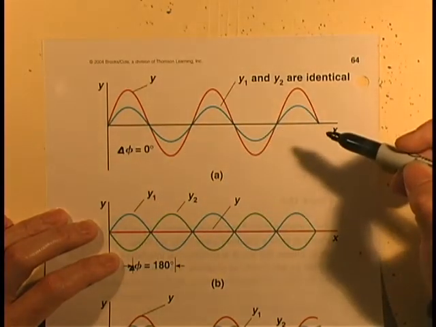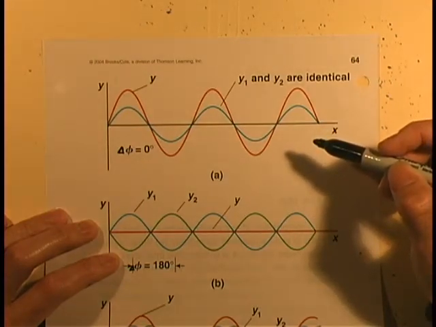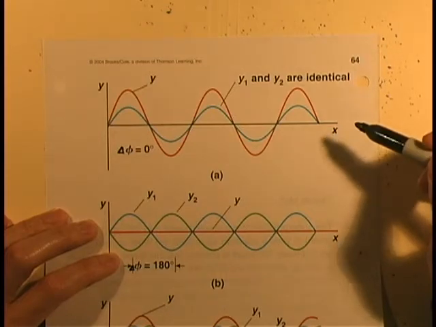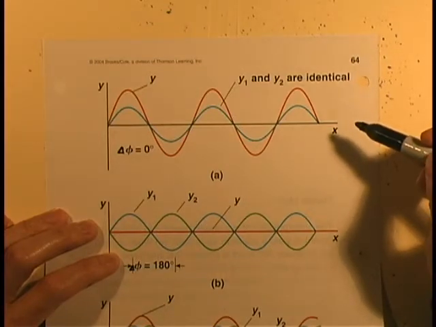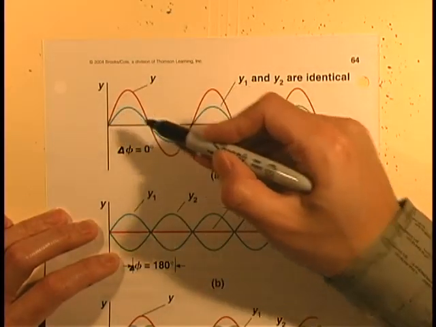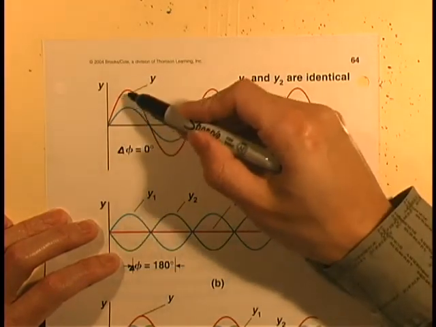In fact, it doesn't have to be 0, 2 pi is fine, 4 pi, whatever. When you add these two waves up, these two waves are called in phase, because their phase angle differs by a multiple of 2 pi. So when one wave is up, the other wave is also up. When one wave is down, the second wave is also down. When you add them up, you get this red wave.